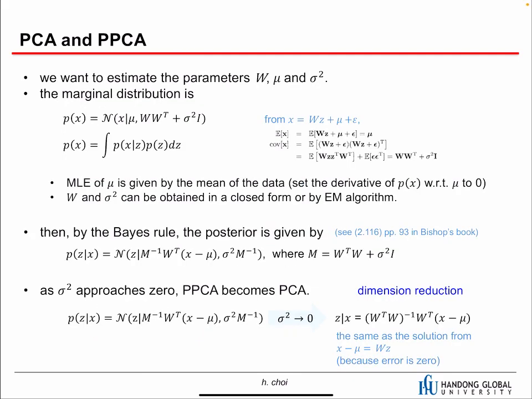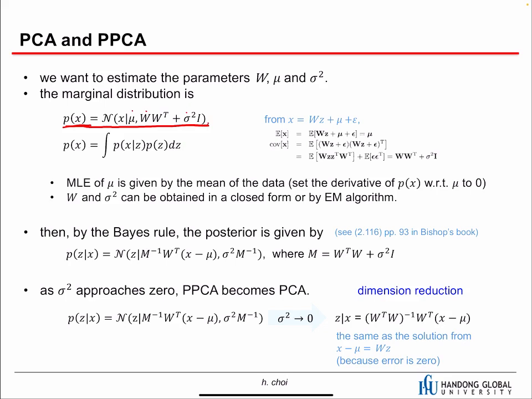Now we have a formulation of PPCA, and we want to estimate the parameters W, mu, and sigma square. Then we can define this marginal distribution, which is the likelihood. Given mu, W and sigma square, the probability of the sample can be defined this way.